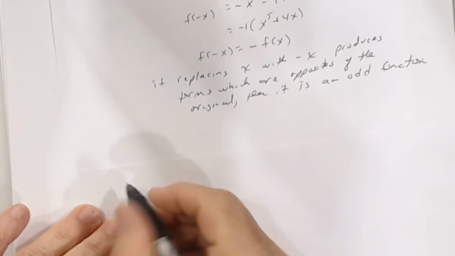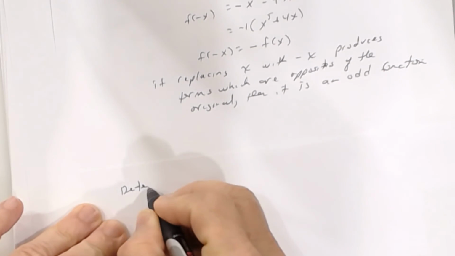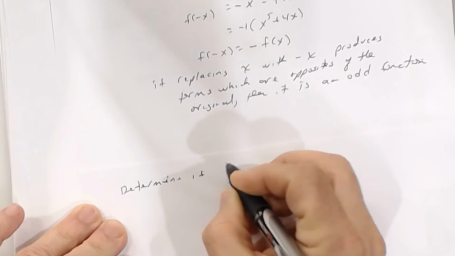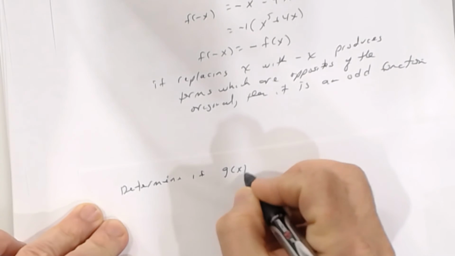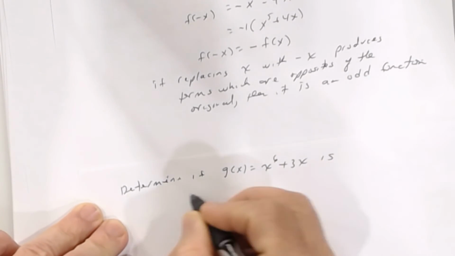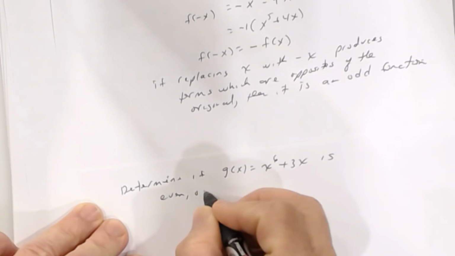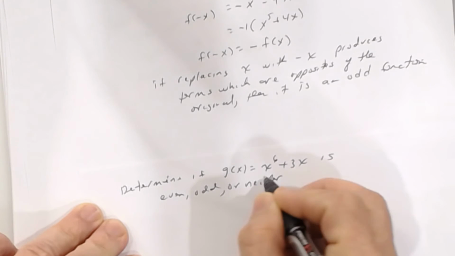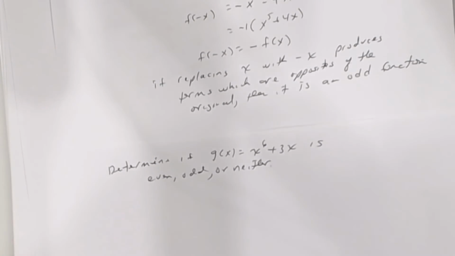All right, this one, determine if g of x, which equals x to the 6 plus 3x, is even, odd, or neither. And by the way, in the one we just did, since it was an odd function, it's going to be symmetrical about the origin.